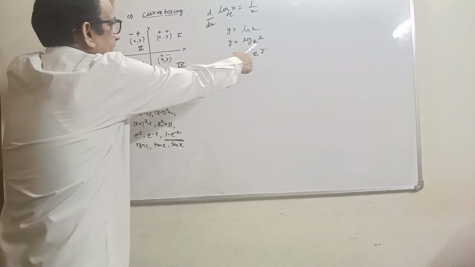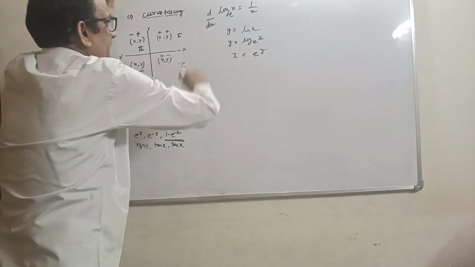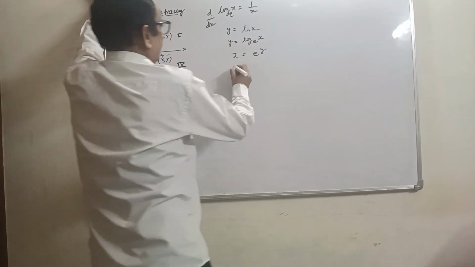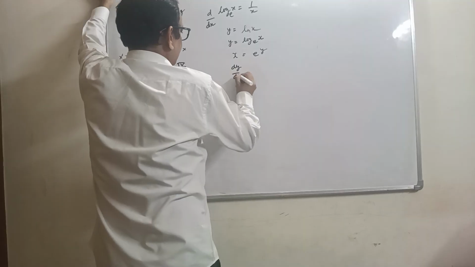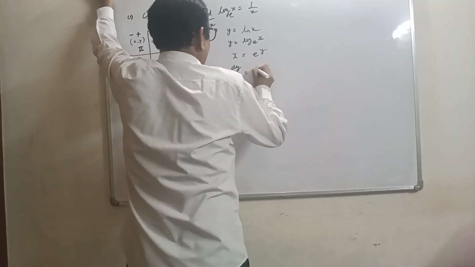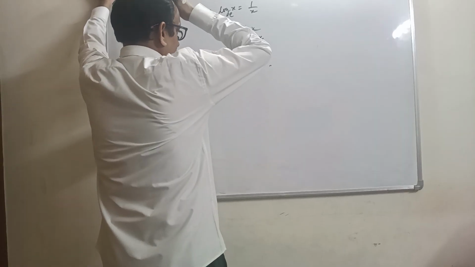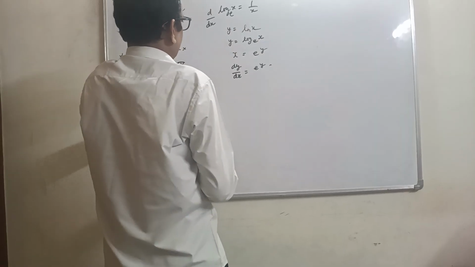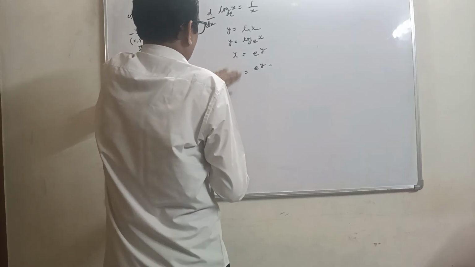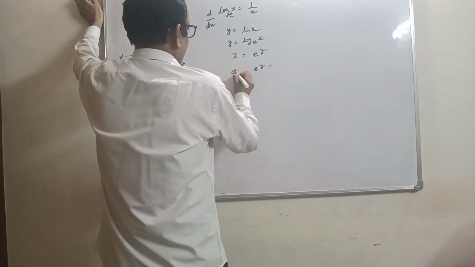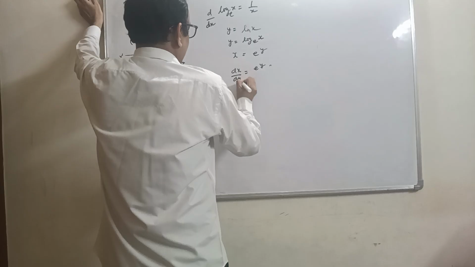We know log e raised to power y would be x. So differentiating, this becomes e raised to power y times dy over dx. Sorry, this becomes dx over dy.